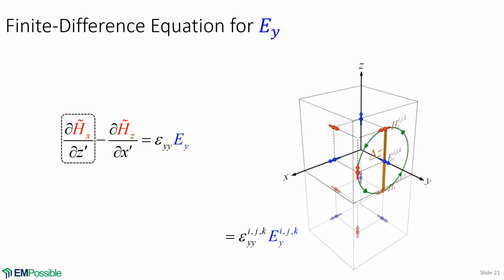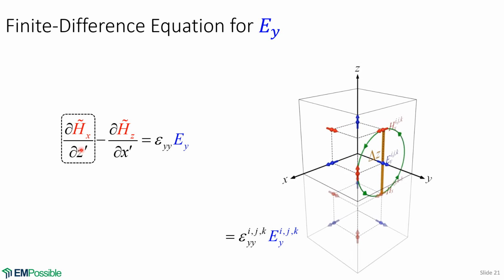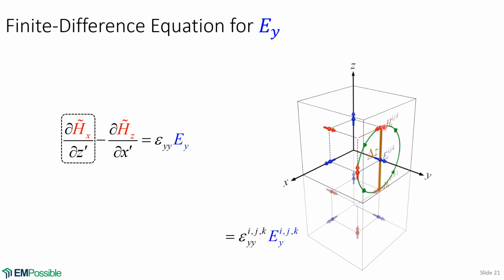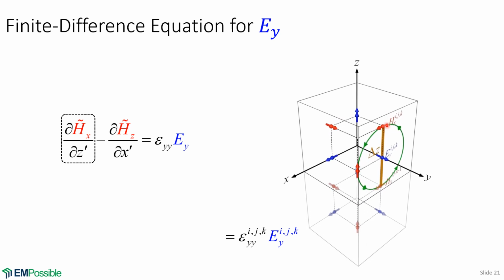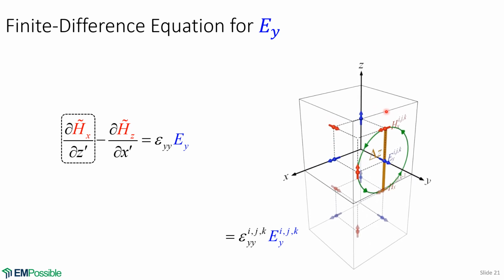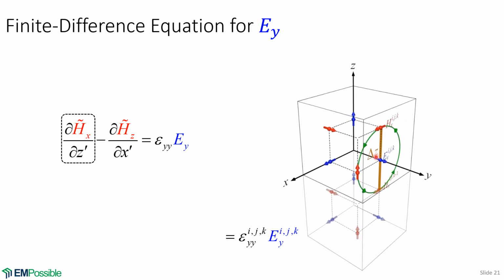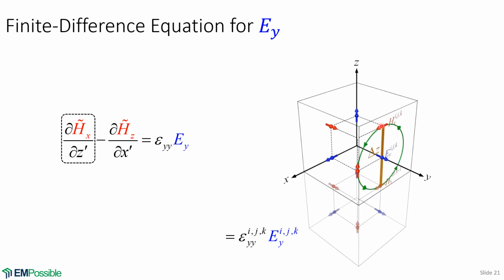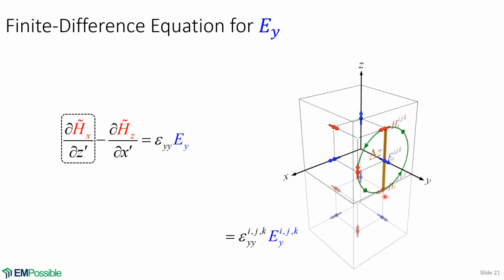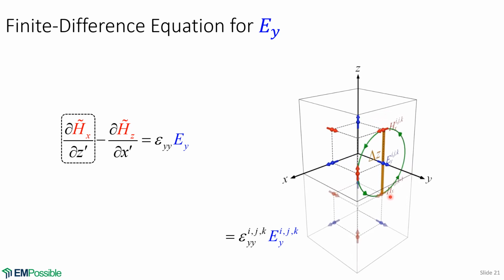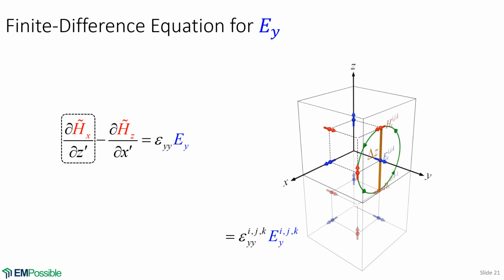Now on to the derivative of hx with respect to z. So here's our hx, and we want the derivative of that in the z direction. Using a central finite difference that we want to exist where Ey exists, we have to reach to the other side of Ey, which in this case is hx from the previous cell in the z direction.